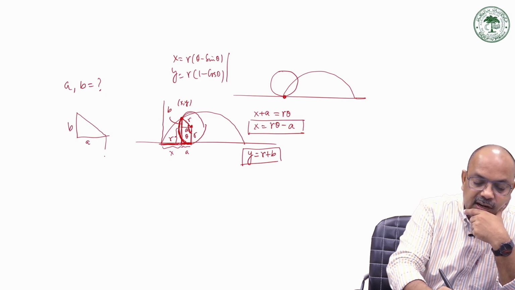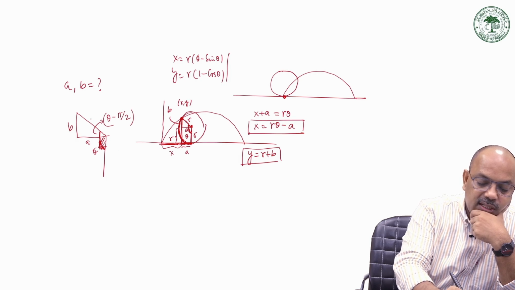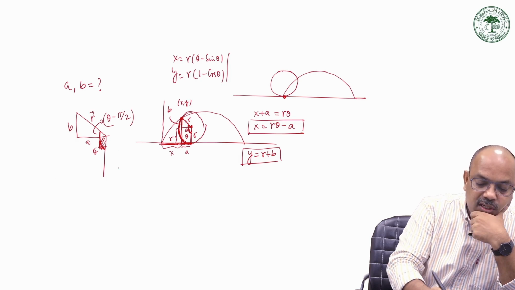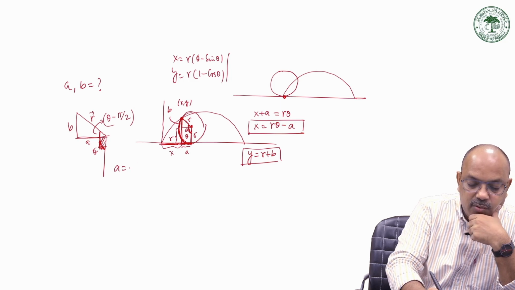If you see that this angle is theta, this angle is going to be theta minus pi by 2, because this angle is pi by 2, and this is your r. So a is going to be r cos of theta minus pi by 2.